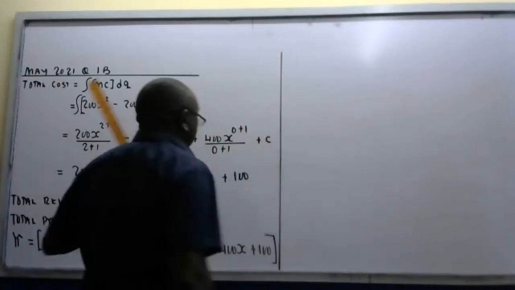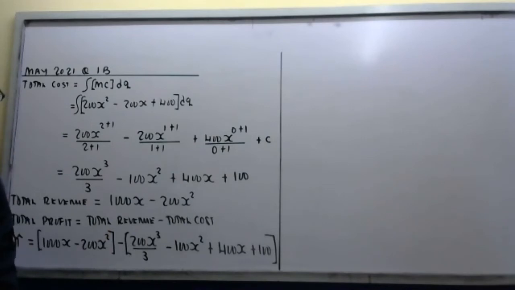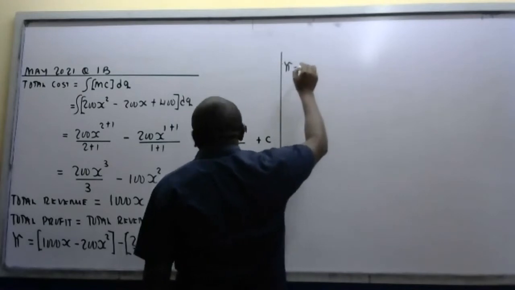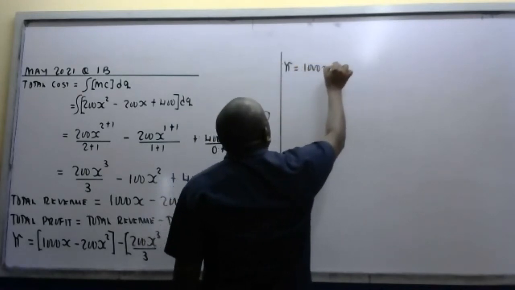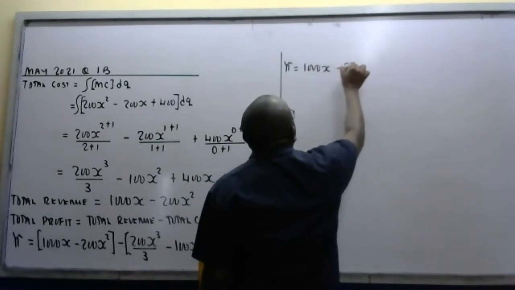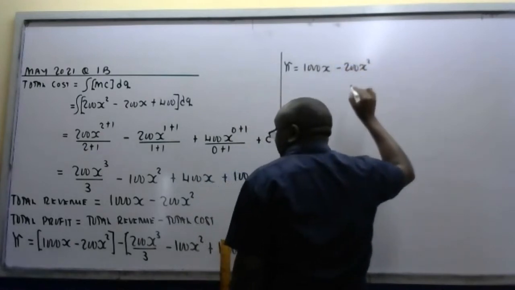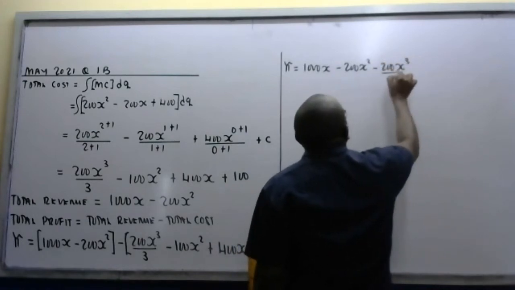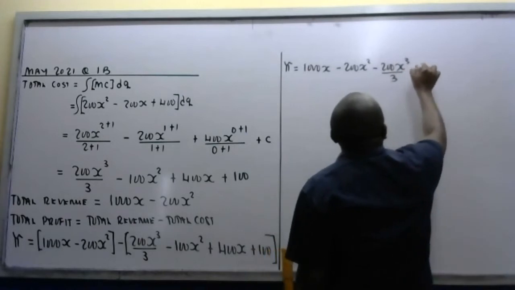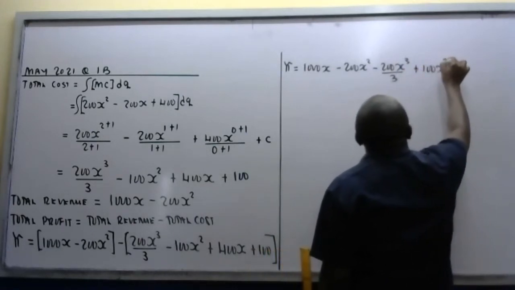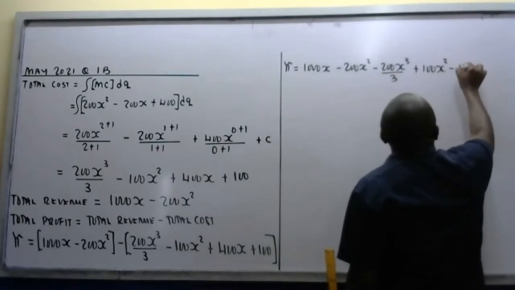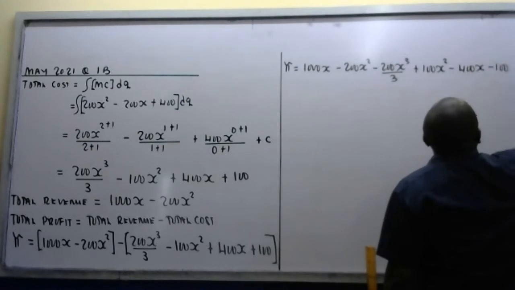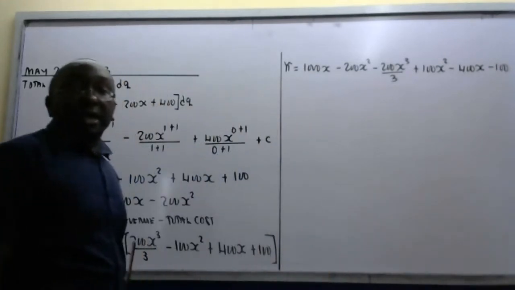So we proceed now, and I open the brackets. When I open the brackets, pi is equal to 1,000x minus 200x squared minus 200x cubed out of 3 plus 100x squared minus 400x minus 100.